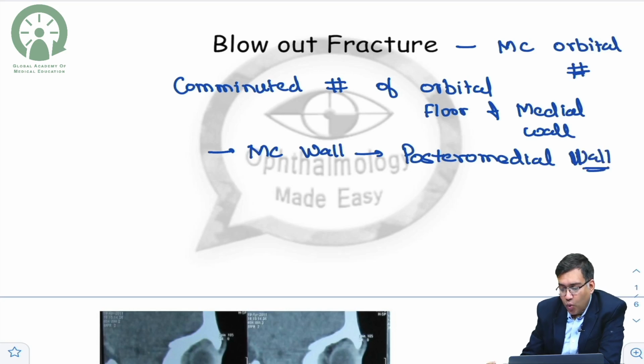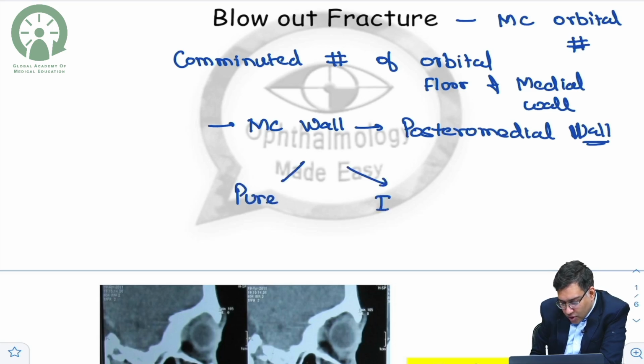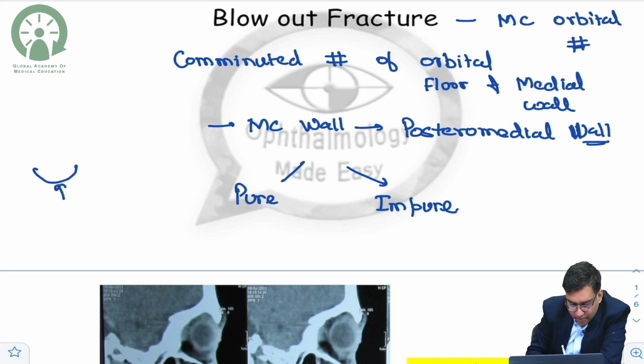Okay. Now this orbital blowout fracture can be of two types, pure and impure. Now what is the meaning? In the pure fracture, the orbital rim, this is my orbital rim, remains intact.